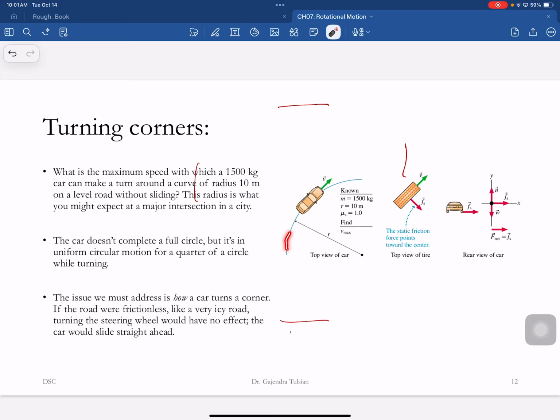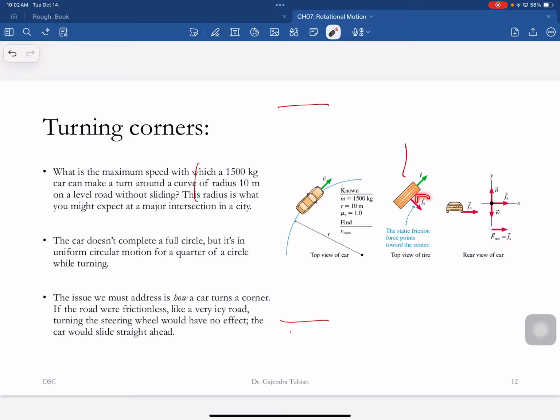You're going on a circular road in a circular arc, and to make you go in a circle, you need a centripetal force in that direction. And see, your car is not moving in this direction, so it's a static friction force. That's because your tires are sticky and providing the static friction force.